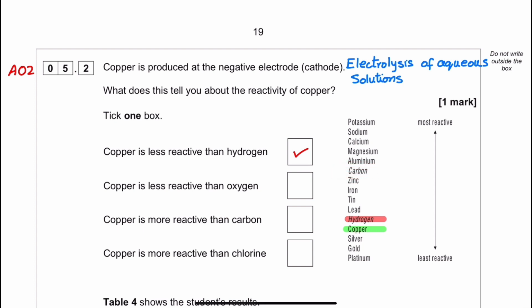Copper is more reactive than chlorine. This option is not given in my reactivity series table. Copper is carrying positive charge and chloride ion is carrying negative charge, so there is no point in considering the last option. So the correct option is copper is less reactive than hydrogen.